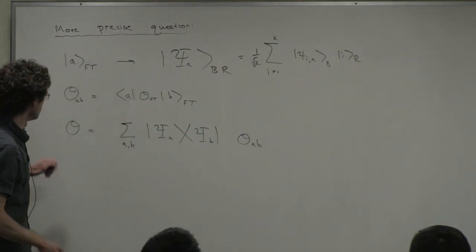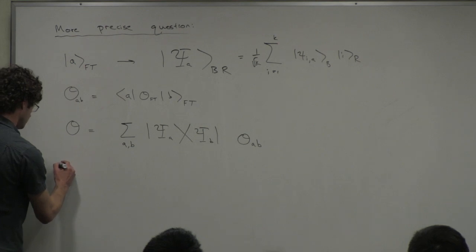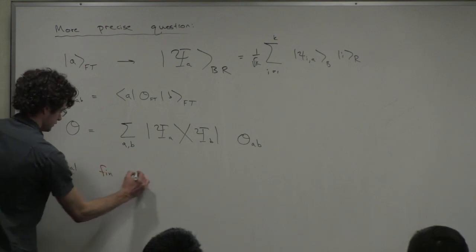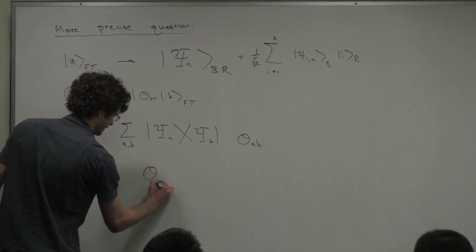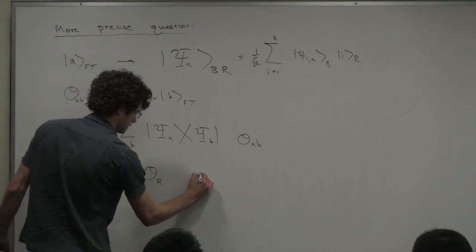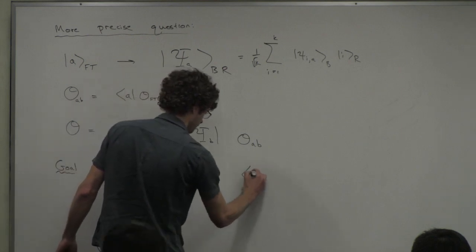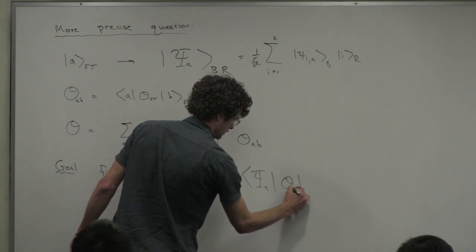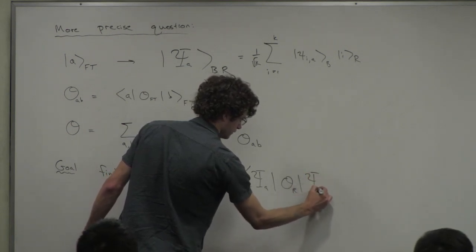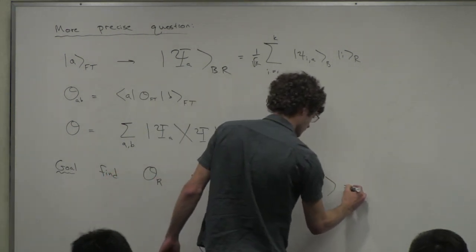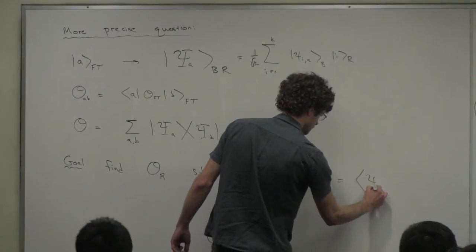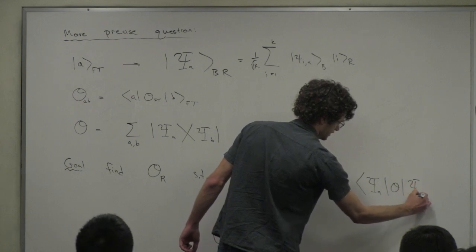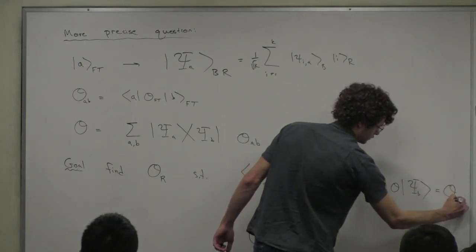Okay, so the goal is to find an operator O acting only on system R such that psi A, O_R, psi B is equal to psi A, O, psi B, which is equal to O_AB.